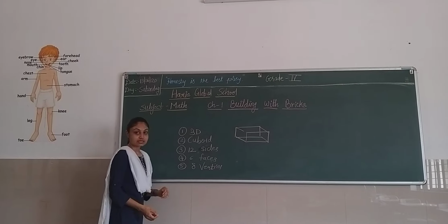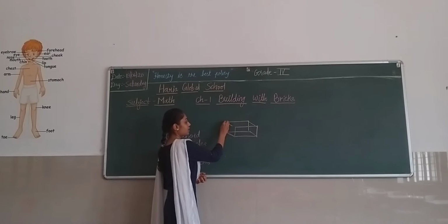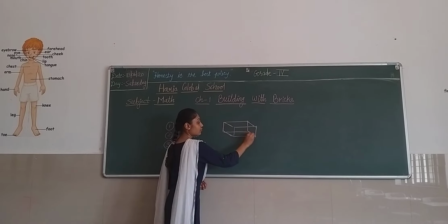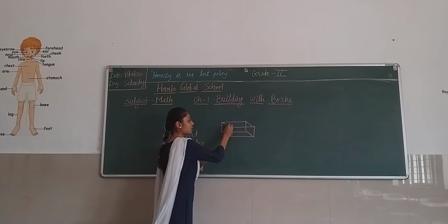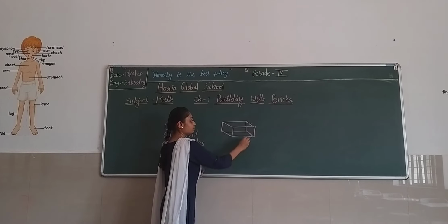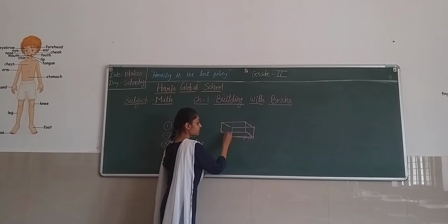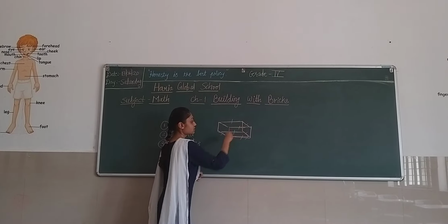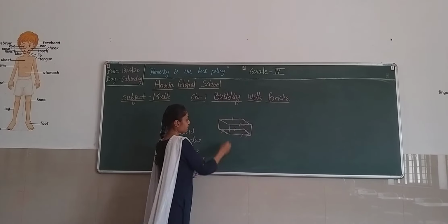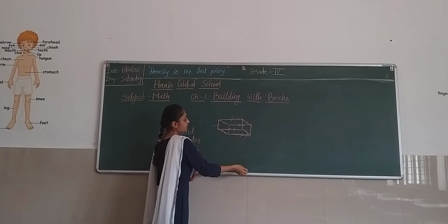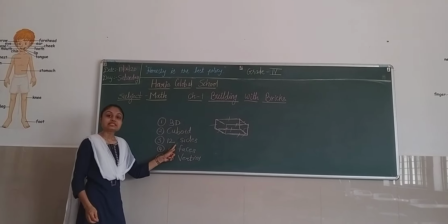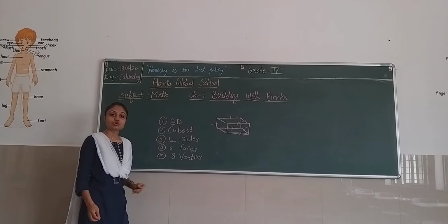How? 12 sides. Which are the sides? Number 1, number 2, number 3, number 4. These are all 4. Now, 5, 6, 7 and 8. 1, 2, 3, 4, 5, 6, 7, 8, 9, 10, 11, 12. So, these are the 12 sides of a cuboid.